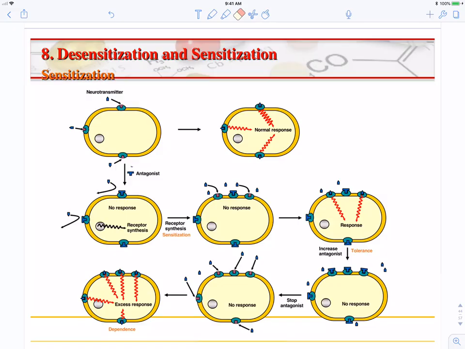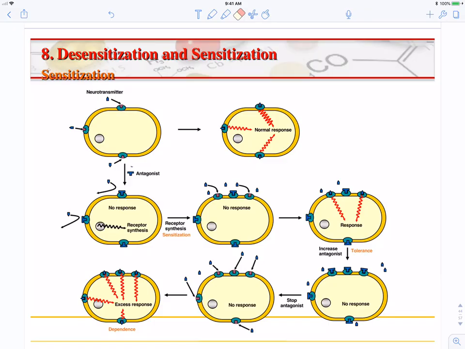The opposite of that is the sensitization mechanism, when receptors can become sensitized upon long-term exposure to antagonists. And this is a very important problem because it will factor in how we treat dependency to opioids.